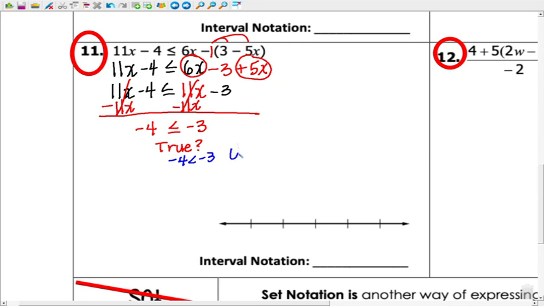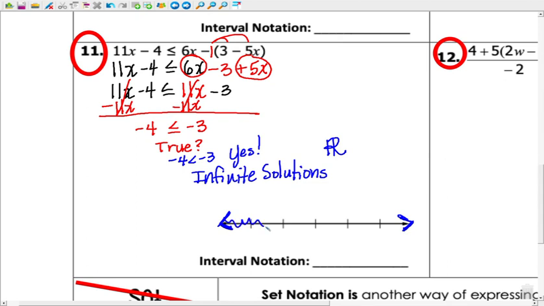So since that is true, that means it is infinite solutions. Infinite solutions means the same thing as all real numbers, so you can use this symbol here as well. All real numbers means the entire graph would be shaded.